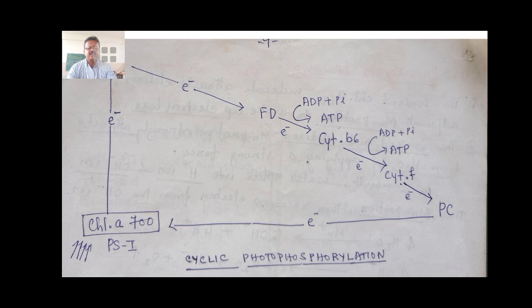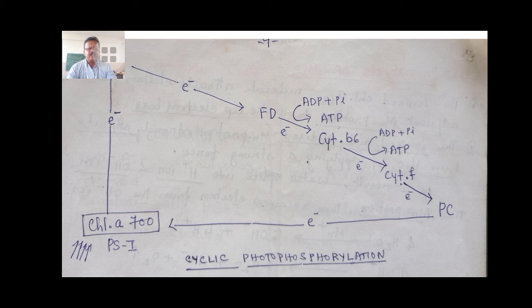That free energy is absorbed by both ADP and inorganic phosphate molecule so that they produce ATP, which is called phosphorylation or photophosphorylation. So at the FD and cytochrome B6 junction, we see the production of ATP through photophosphorylation.